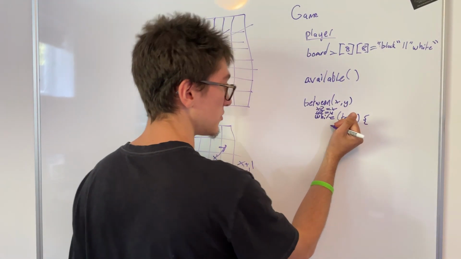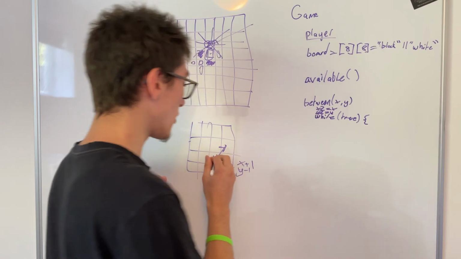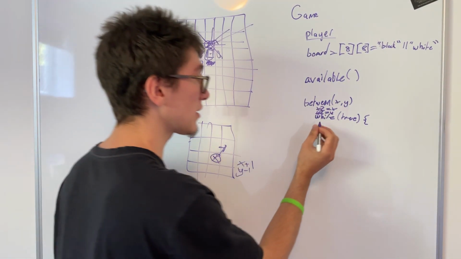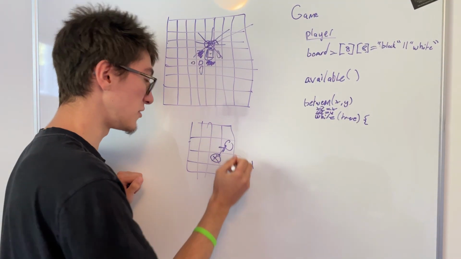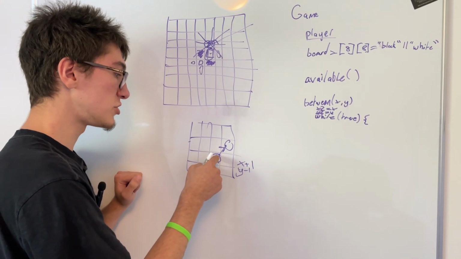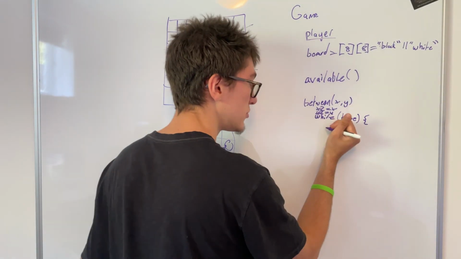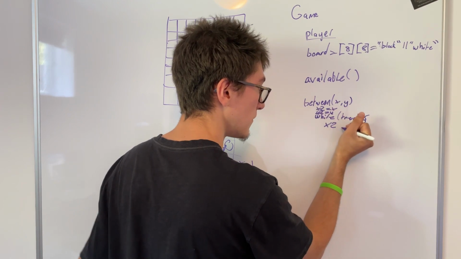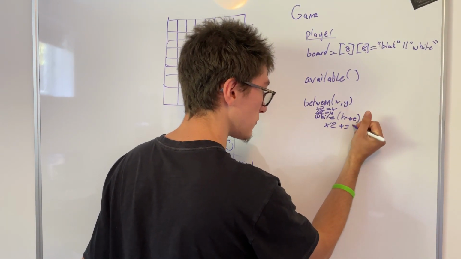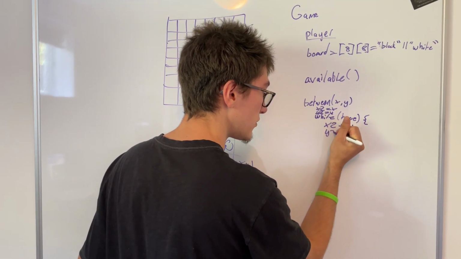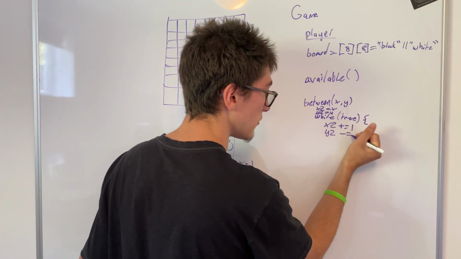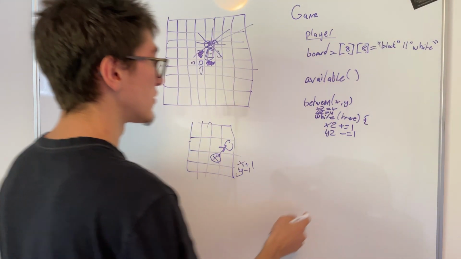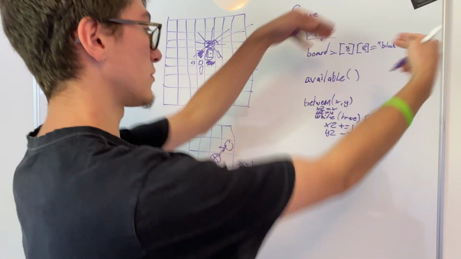So we'll start from here, but we'll directly update to the next one we need to check because we don't want to check this one, right? So we'll do x2 plus equals 1 and y2 minus equals 1, right? So this will be where we're going.